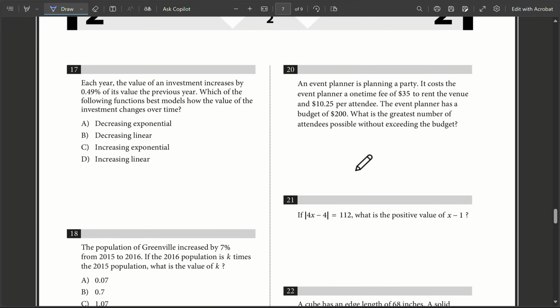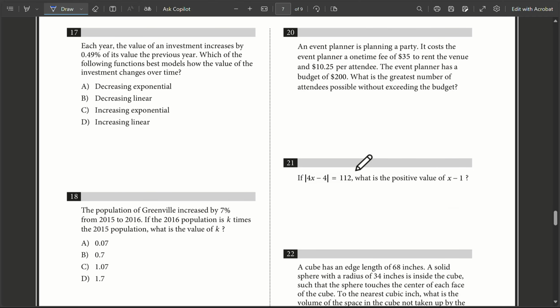Number 17. Each year, the value of an investment increases by 0.49% of its value the previous year. Which of the following functions best models how the value of the investment changes over time?